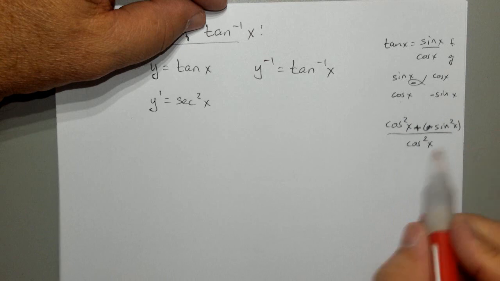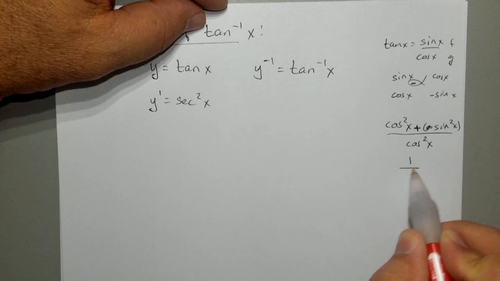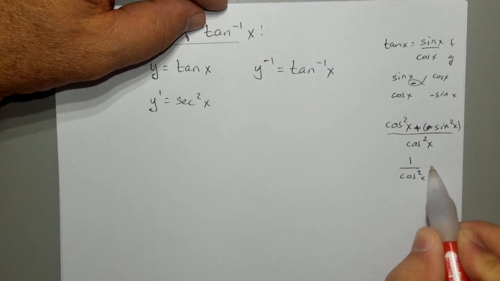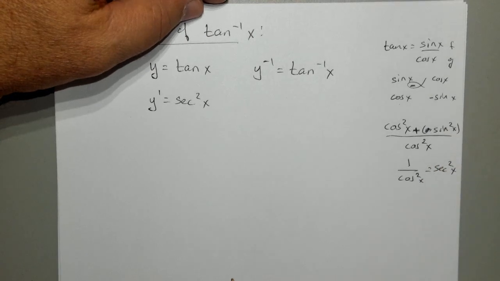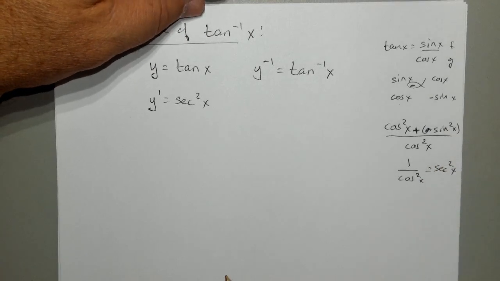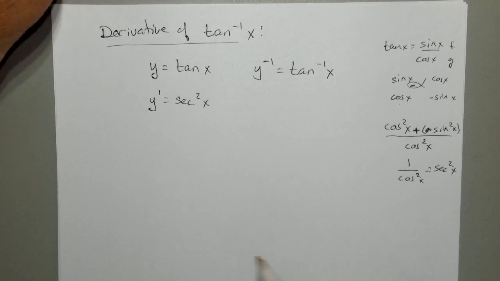Cosine squared plus sine squared is 1, and 1 over cosine is secant. But if you had your notes, once you define something, you can refer back to it. If you don't have that access, then you have to derive it again. So always have a formula sheet next to you.